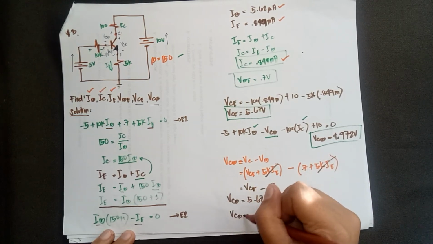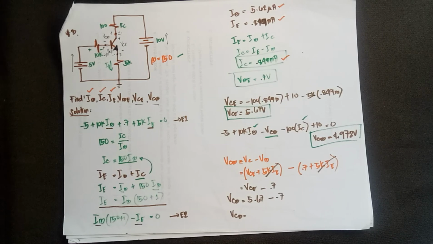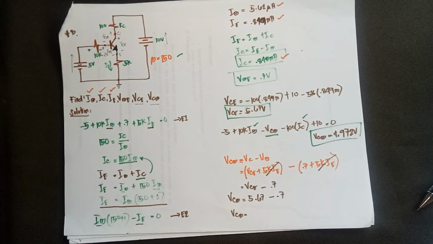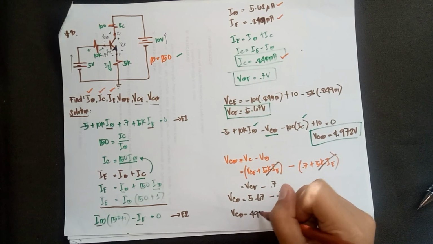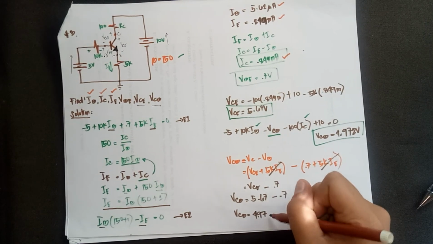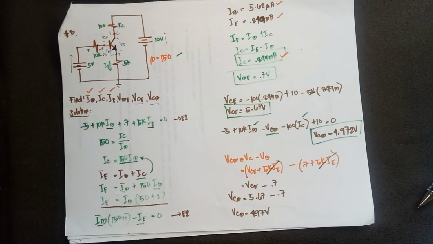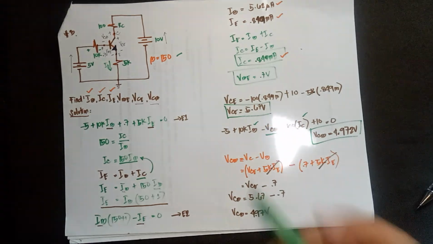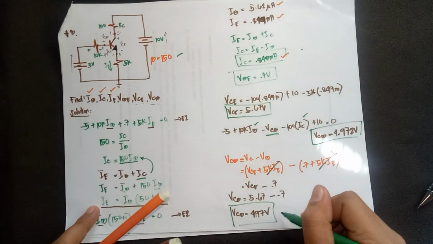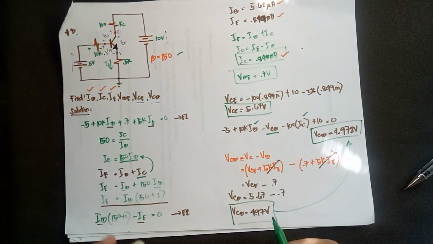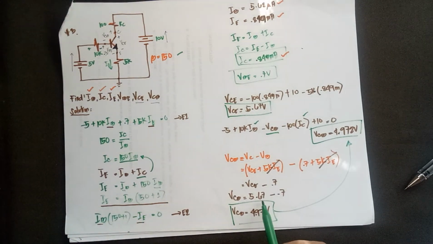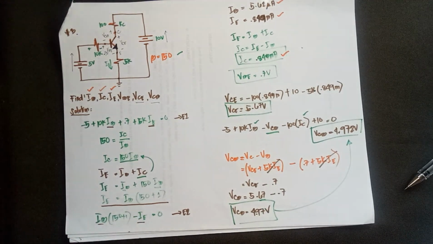So VCB should be equal to 4.97 volts. And ayun. They are the same. It's just that kulang lang to ng 2 kasi 2-digit lang itong ginamit ko dito. Okay? To be uniform na lang din, yung decimal natin is up to 3-digit the next time.